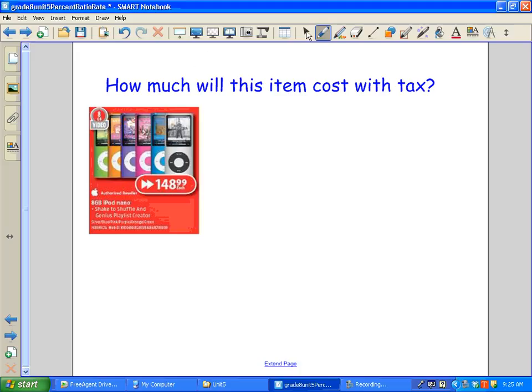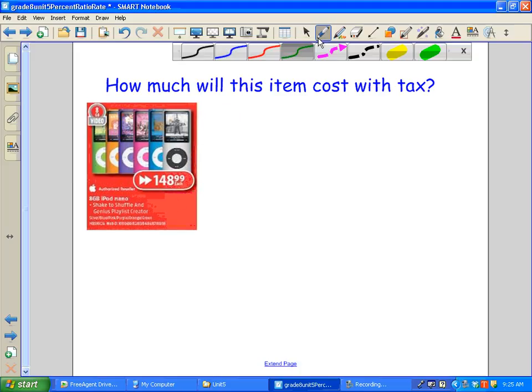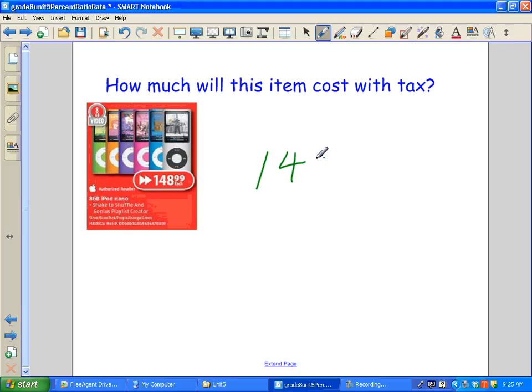So let's look at this item right here. We've got something from Future Shop here, a nice iPod, and it costs you $148.99. So we want to know how much will you pay with tax added on. Well, remember what tax was.